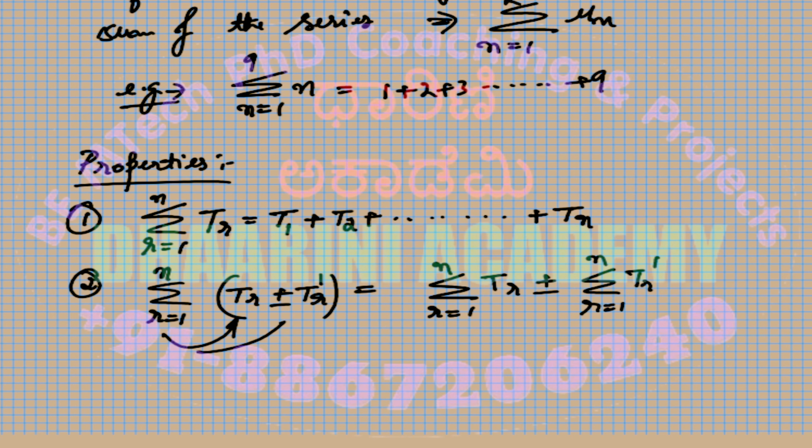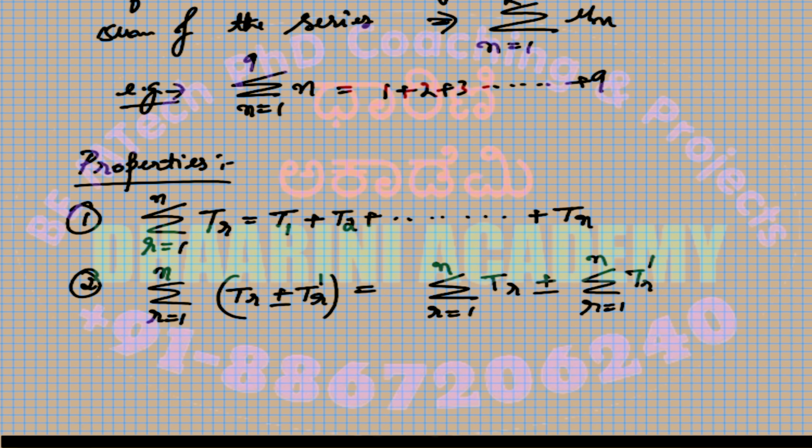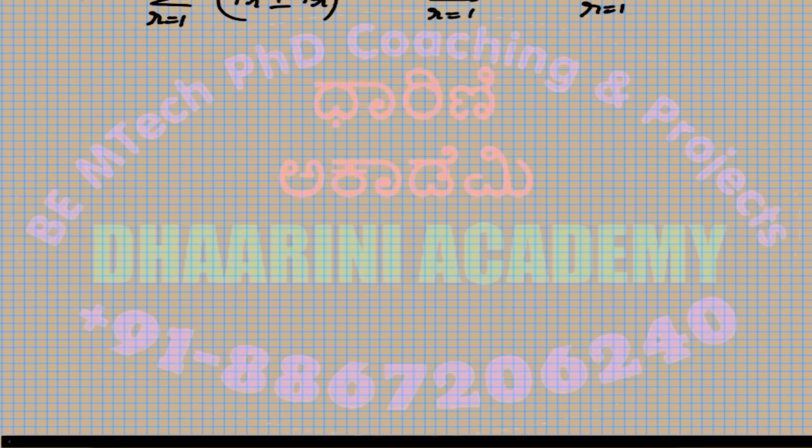Okay, this is one important property, but there is another version of the same property that's also pretty much important. That is, what if you have multiplication instead of this addition? So that is the third one.